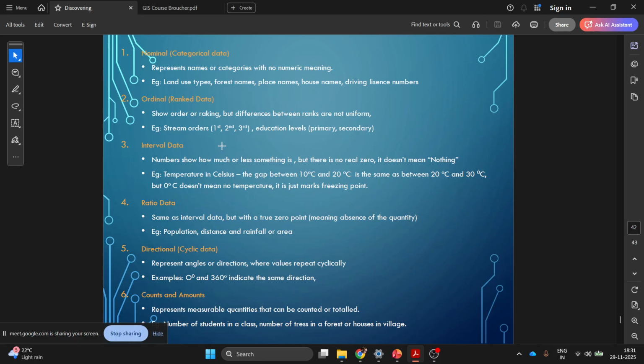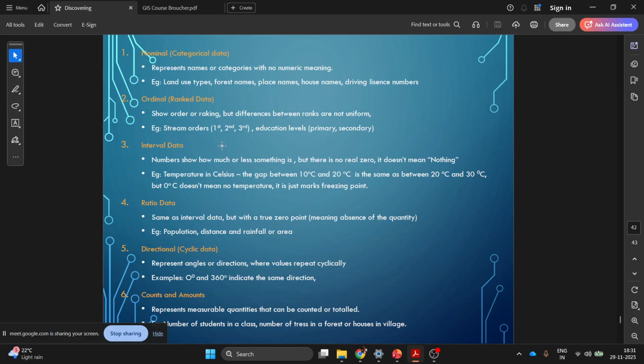The gap between 10 degrees and 20 degrees is the same, but zero doesn't mean no temperature. At 0 degrees there is still some hotness, but it is very cold, right? That type of relationship is called interval data. The gap between 10 and 20 degrees Celsius is the same as between 20 and 30, but 0 degrees just marks the freezing point.